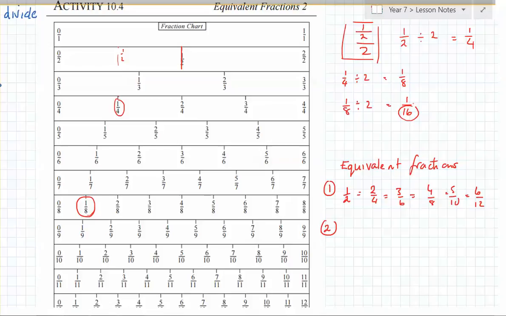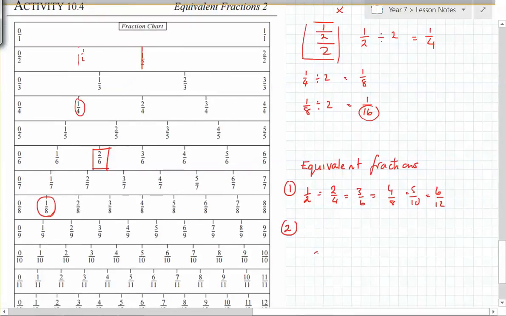So, if I have a fraction, let's say I've got 2/6. If I want 2 lots of 2/6, what do I have? 2/6 times 2 is 4/6, because another 2/6 is 4/6.